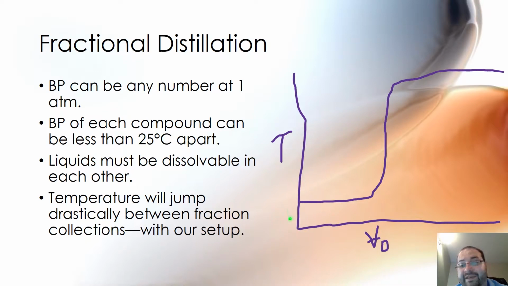They could be 5 degrees apart, 2 degrees apart, whatever amount of degrees apart. There's generally some way to work a column into it and get them eventually separated from one another. It would be pretty difficult if the boiling points are really, really close together, but it can still be done if you make the column tall enough.